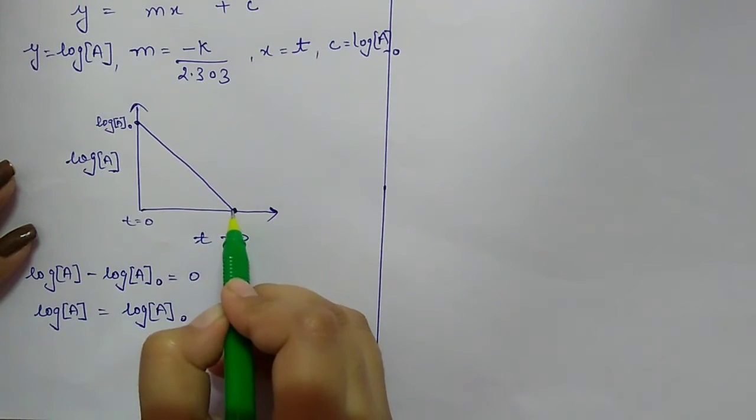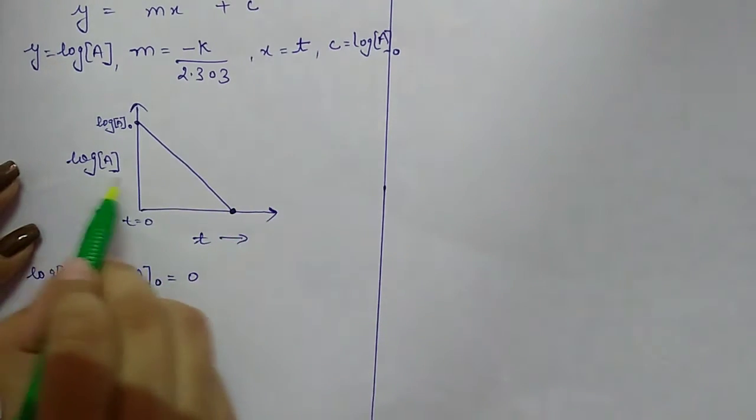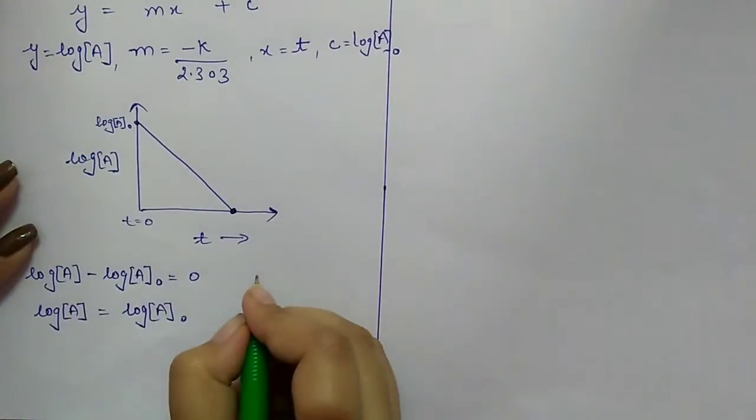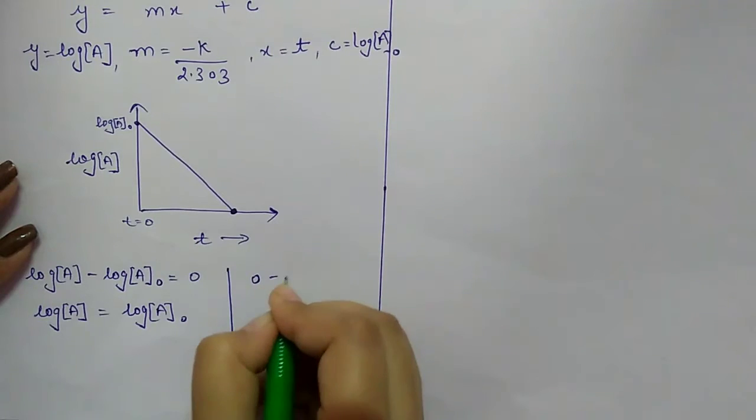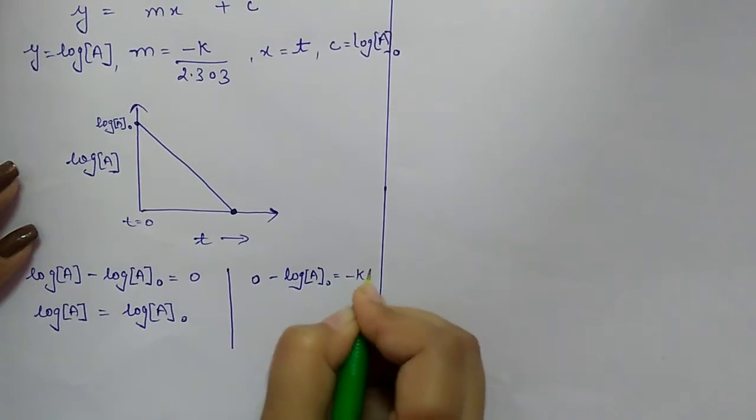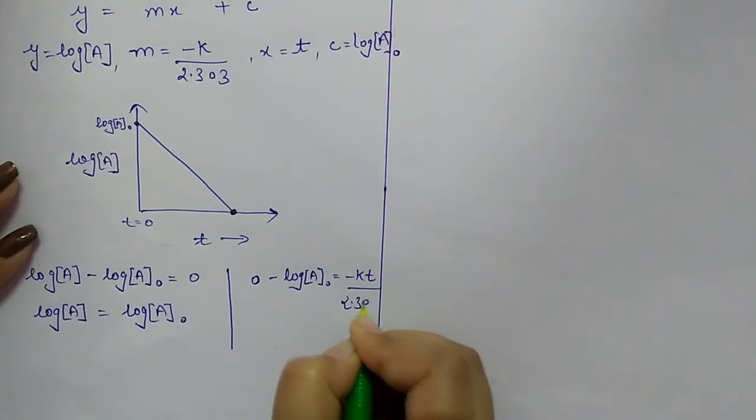To find this value, you have to put log A is equal to 0. So you will get 0 minus log A naught is equal to minus kt by 2.303.